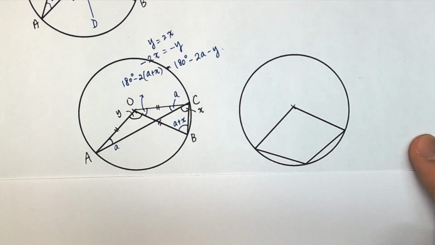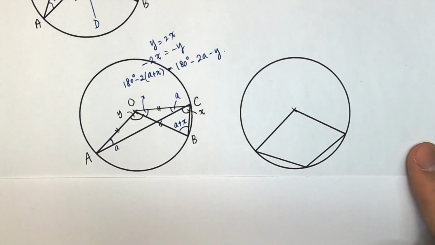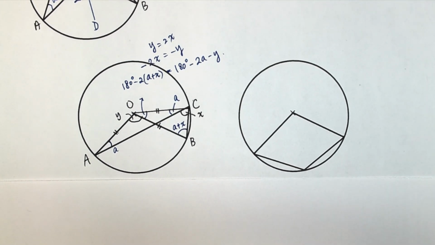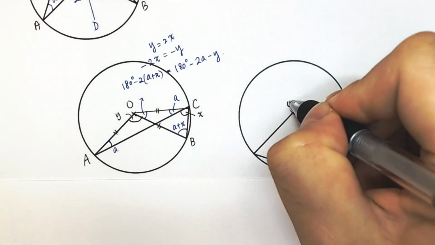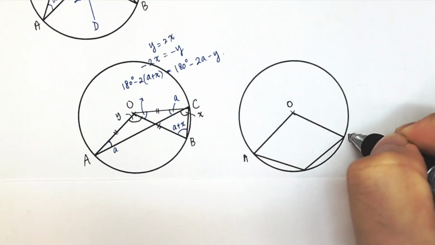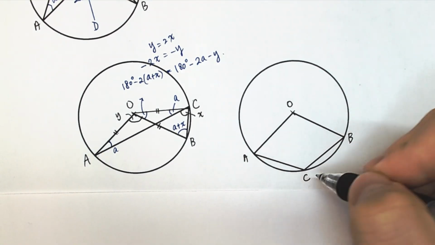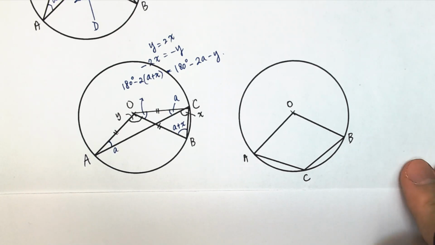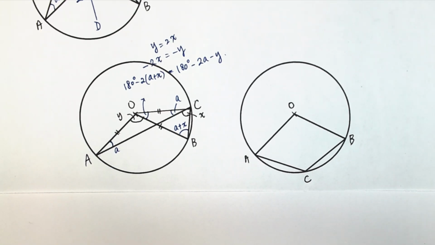Now, the third situation is like this. If I have the O here, AB here, and the point C is now here. In order to locate the angle at center, twice angle at the circumference, we need to be very careful with what we mean by the angle at center and what we mean by the angle at the circumference.